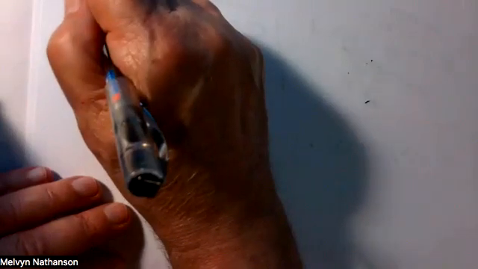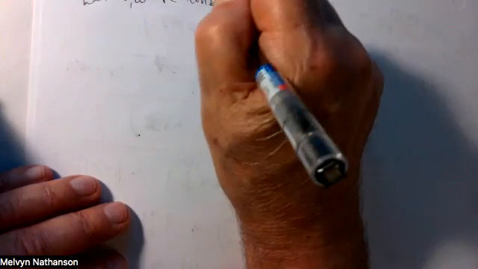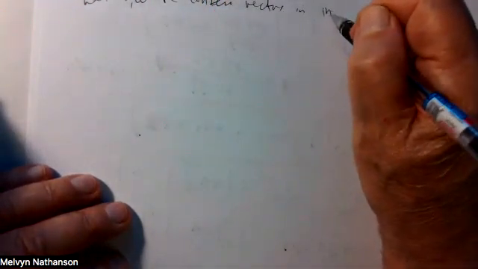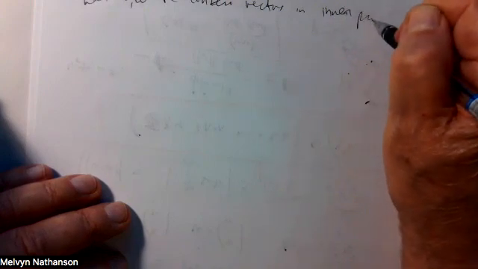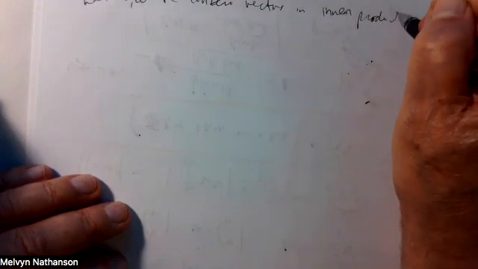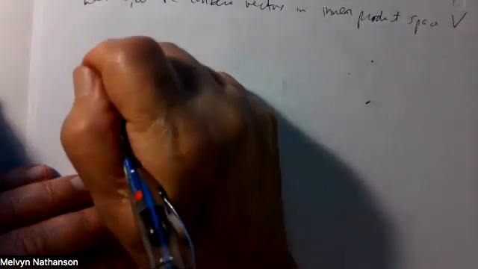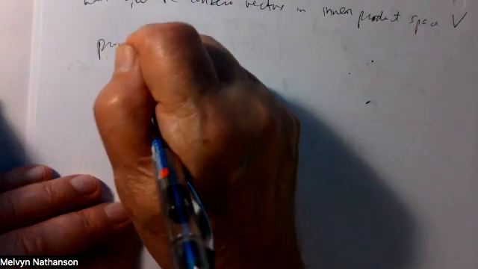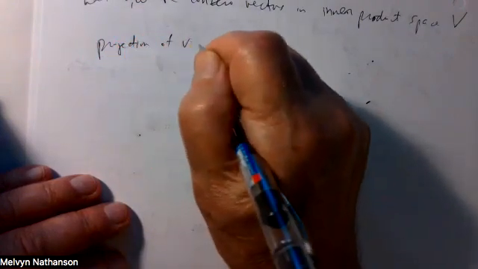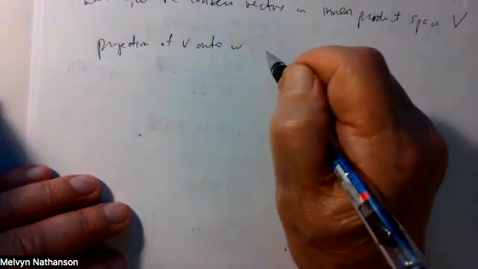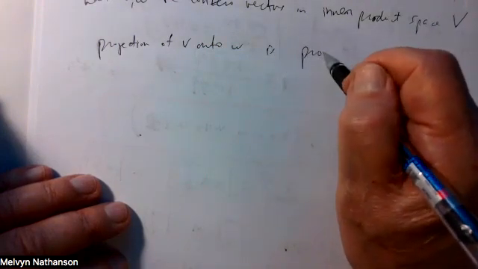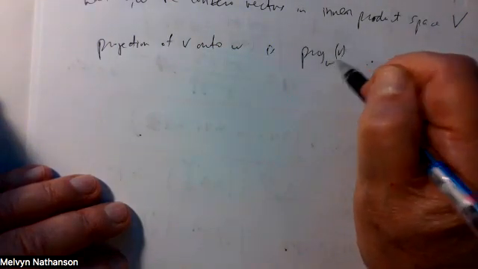So let V, W be non-zero vectors in the inner product space. An inner product space is just a vector space with an inner product. The projection of V onto W, this is the definition.